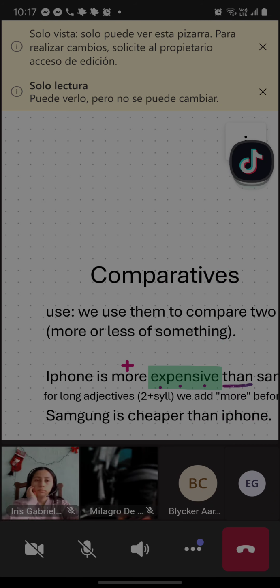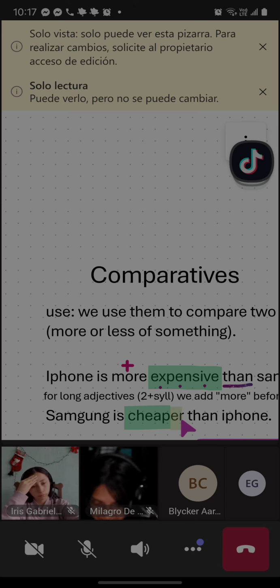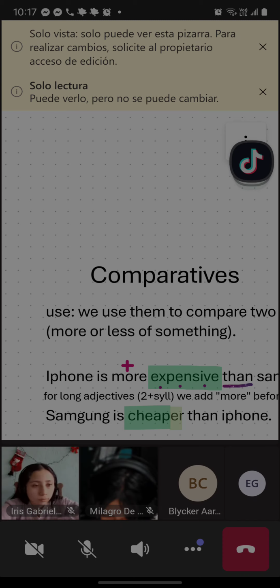So I can consider this a short adjective, cheap. So I only have to add er. So cheap becomes cheaper. And I add than.